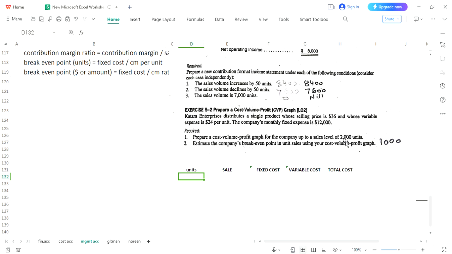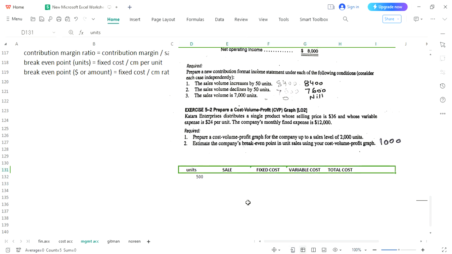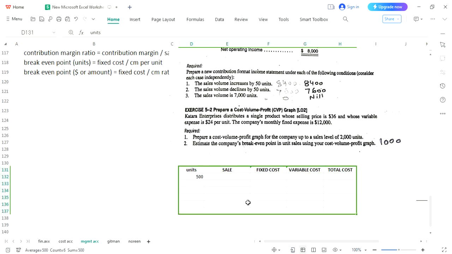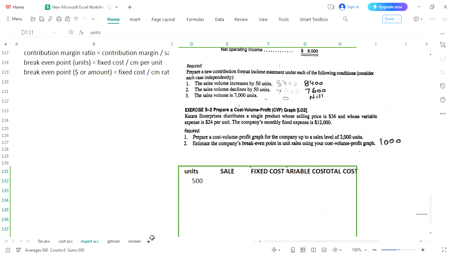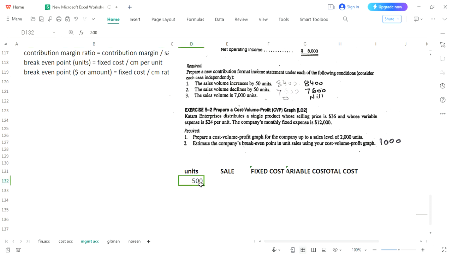We will use some number of units less than 2000 and some more than 2000. So we can start our graph with 500 units. Size is important and we are going to change its size as well. Visibility should be according to your requirement. I mean, you must have its proper view.